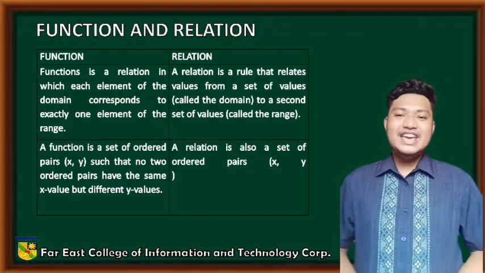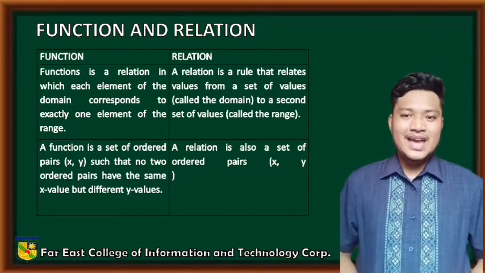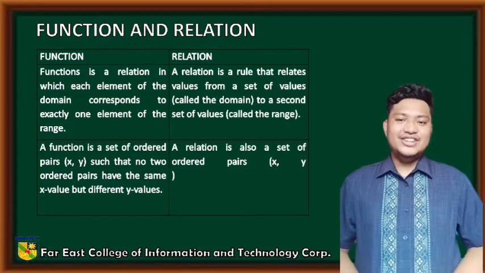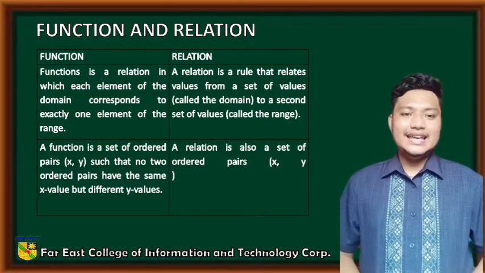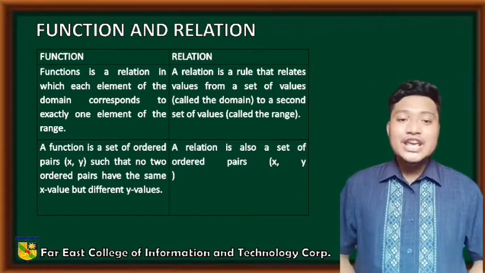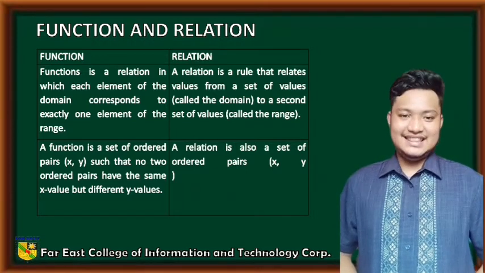When you say domain, these are the x values, while the y values are called the range. Meaning, a relation has a domain and a range. If you have a domain and range, it is called a set. Okay?